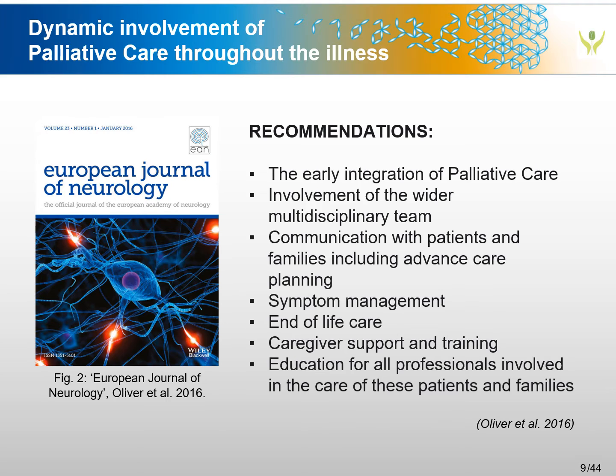Overall, there is limited evidence to support the recommendations, but there is increasing evidence that palliative care and a multidisciplinary approach to care do lead to improved symptoms and quality of life of patients and their families.